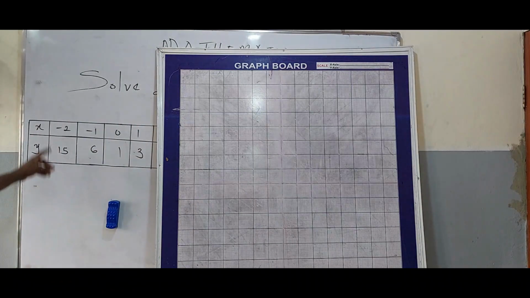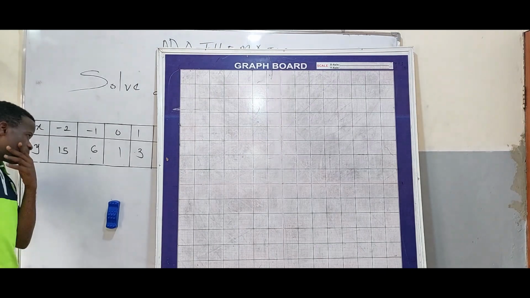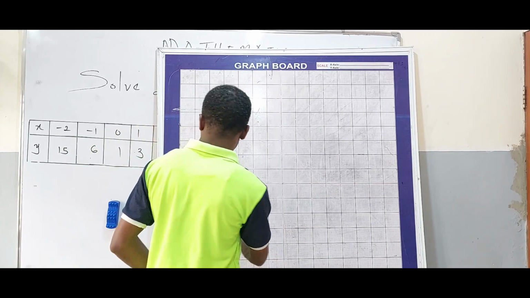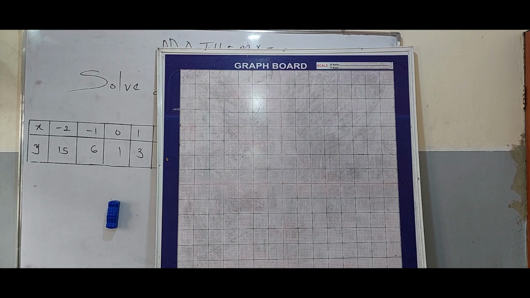Now, the largest value of x on the table, go check your table, you will see the highest value of x there is 3. This is our x-axis. Let me draw a straight line.